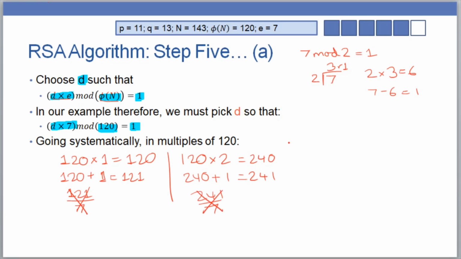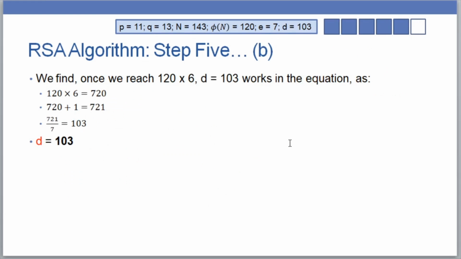If we continue to iterate like this, when we reach 120 times 6, we find that adding 1 to this produces a multiple of e, aka 7. So 120 times 6 equals 720. 720 plus 1 equals 721. And 721 divided by e, aka 7, gives 103. And therefore d equals 103.